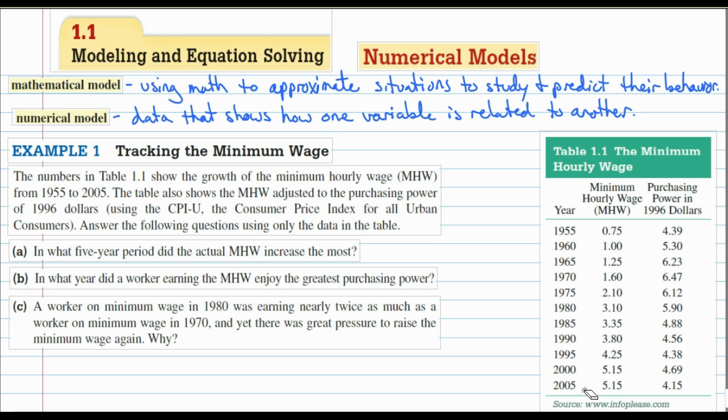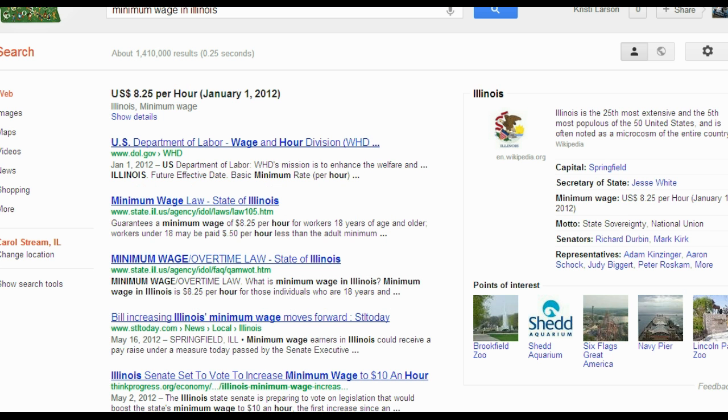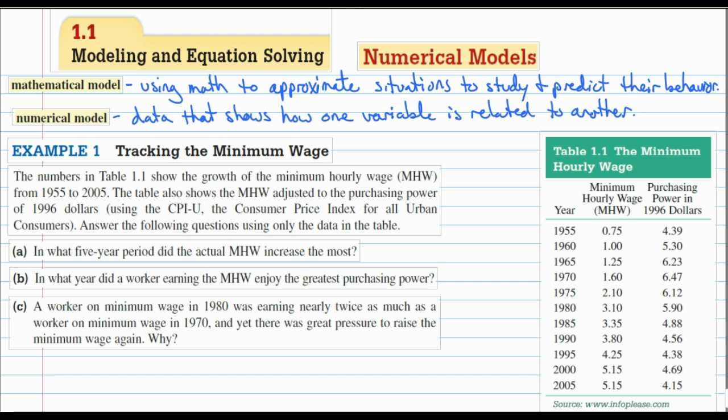Or 2005, the minimum wage was $5.15, which purchasing power is $4.15 in 1996 dollars. Our current minimum wage is $8.25 an hour. I'm not really sure of the purchasing power of that. It'd be interesting if one of you guys could figure out what that is.